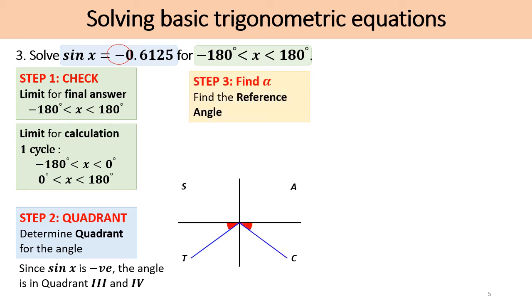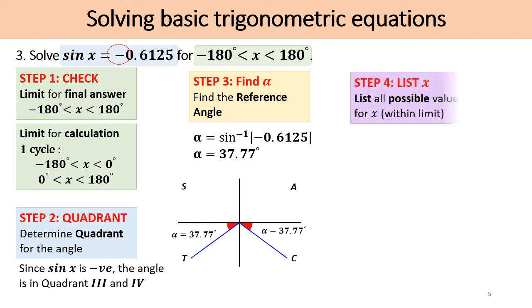And next we need to find the reference angle. Finding the reference angle α will be equal to arcsin of the absolute value of -0.6125. We key in the value in the calculator. We just ignore the negative sign, so we will get α = 37.77 degrees.